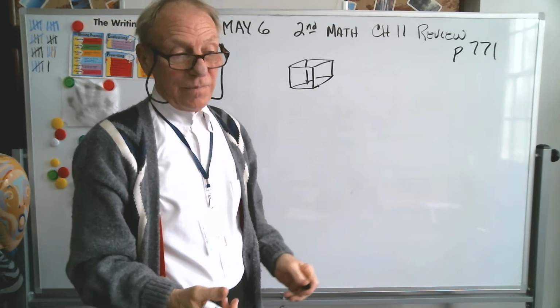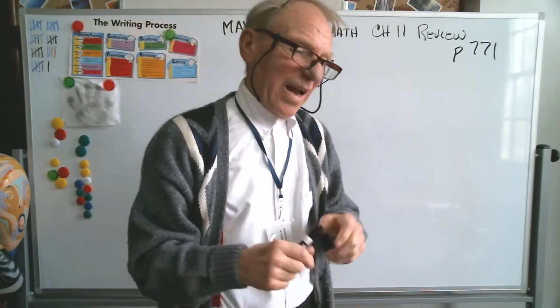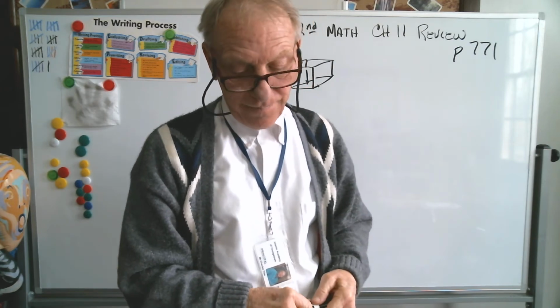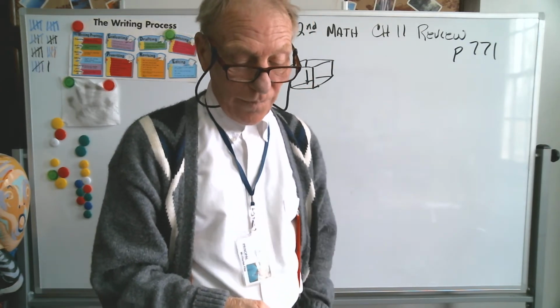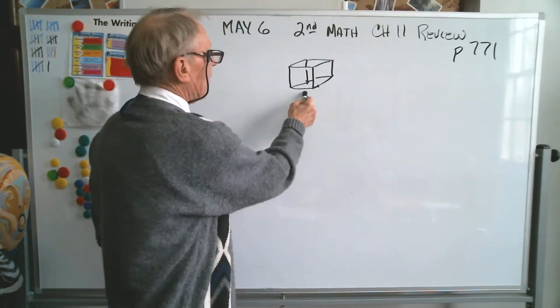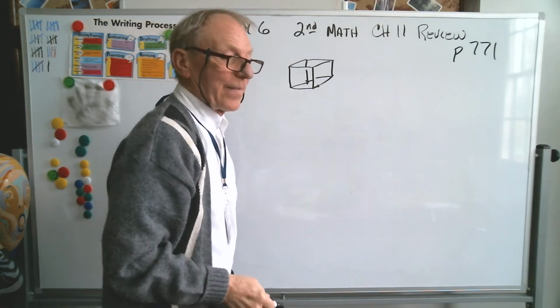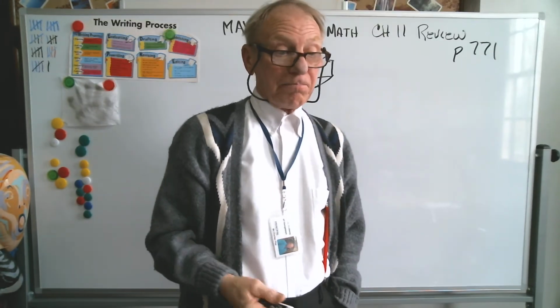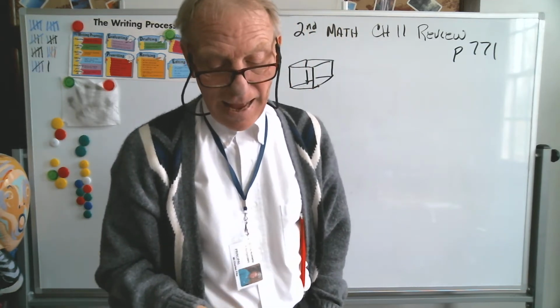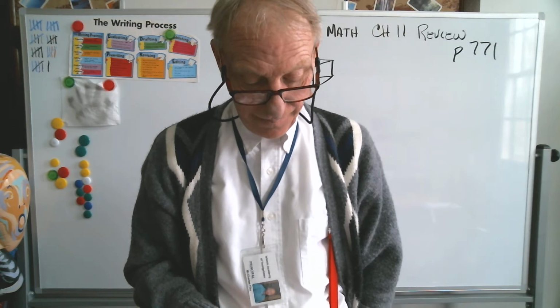It's like a block you played with when you were a kid. Actually, when you were a littler kid. So, how many faces does a cube have? Well, it's got a bottom, a top, a side, left and right, and a front and a back. So that sounds like 6 to me. So a cube has 6 faces.